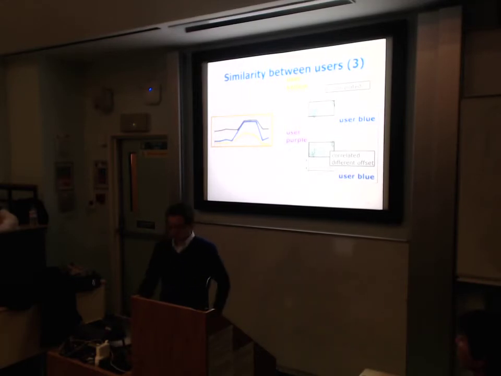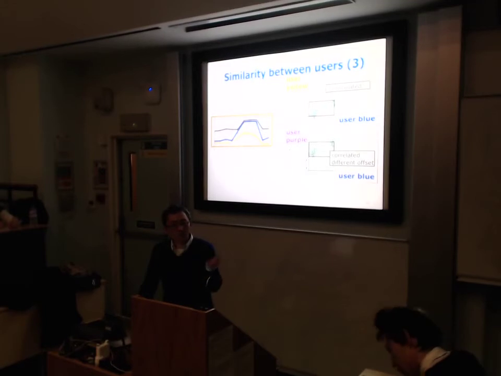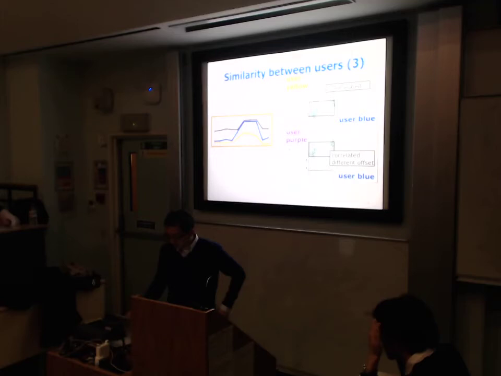This guy may like everything, they might appreciate everything, therefore all the ratings this guy gives are very high scores. Whereas you might have some people who are very conservative, and therefore, even though they might like the movie very much, they never say 5, but they might say 4 or 3.